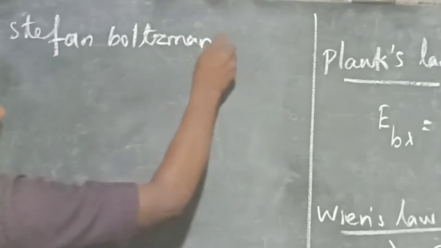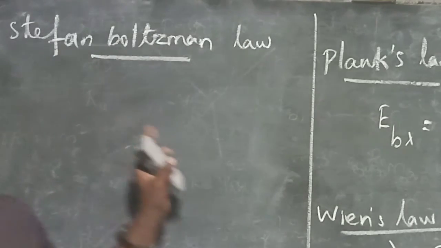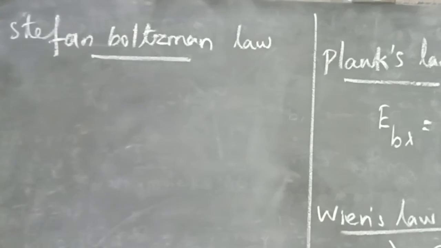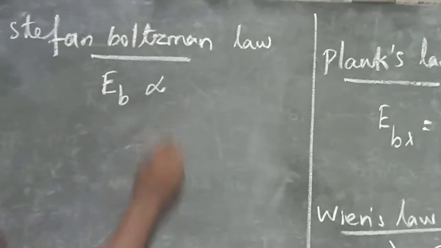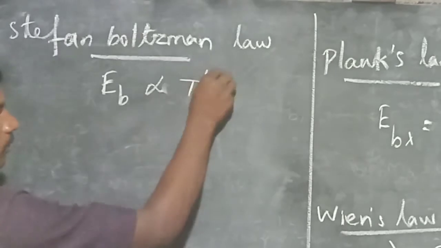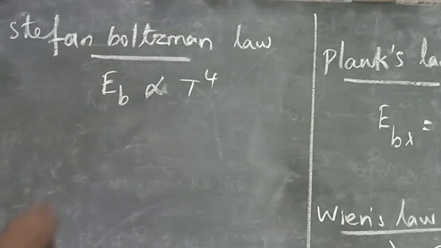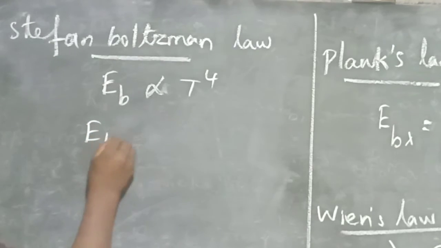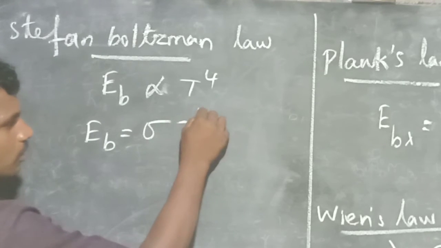Next, the Stefan-Boltzmann law. In this law, the emissive power is directly proportional to temperature power 4. We can write it in equation form: emissive power equal to sigma T power 4.